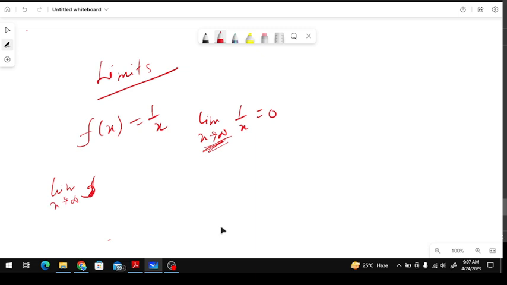The limit as n tends to infinity of (1 plus 1 over n) to the power n should be e, and the value should be 2.7182 something. So let's see how we get this in Python.